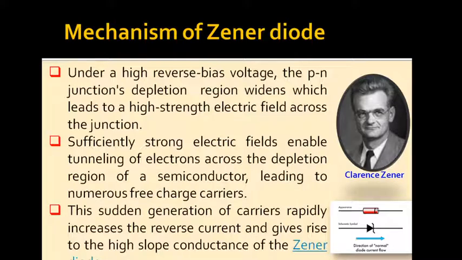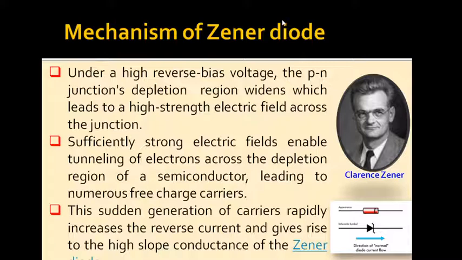Later on, Bell Laboratories found the same behavior in semiconductors, especially in reverse bias. Just to honor the scientist, the same mechanism has been given the name Zener breakdown effect, and the device is also called a Zener diode.